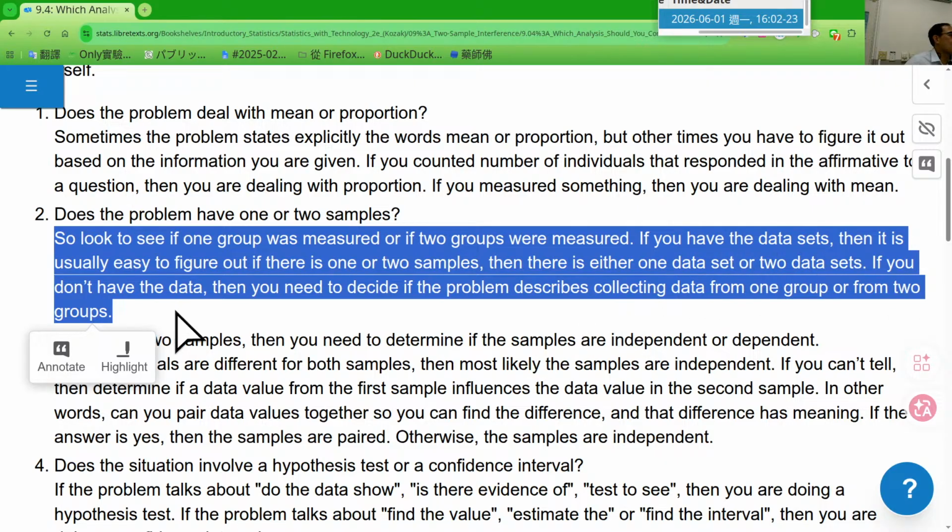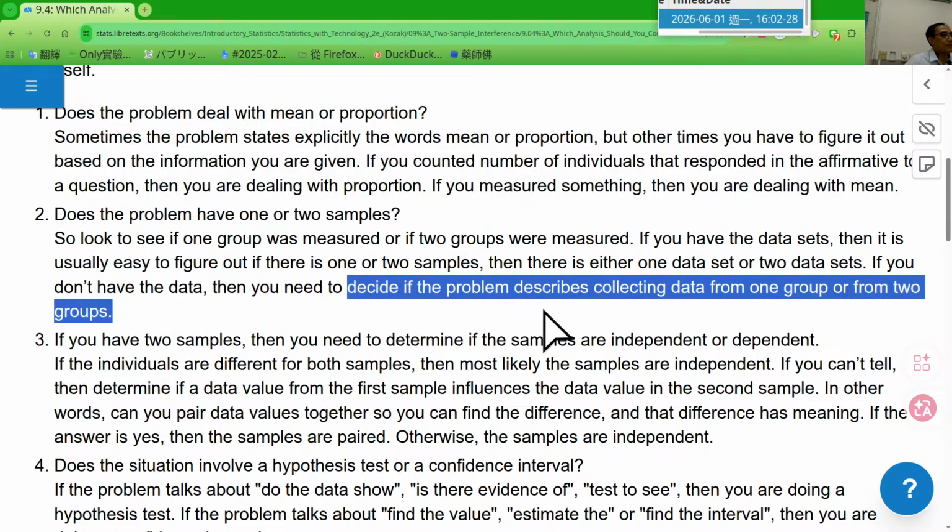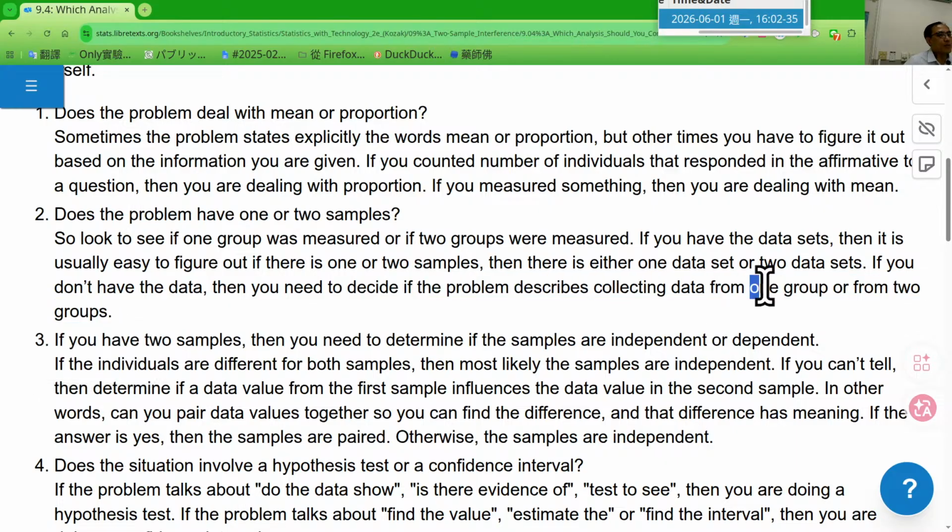If you don't have the data, then you need to decide if the problem describes collecting data from one group or from two groups. Generally, one group is the population. But actually, in most cases, personally, I think two groups generally are samples. It's not easy to get the population, unless you accumulated a lot of data, like the battery example in the textbook.